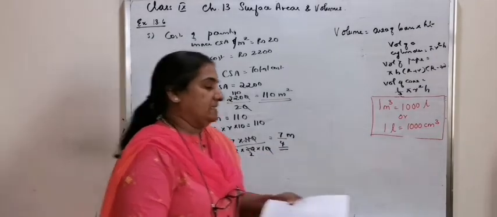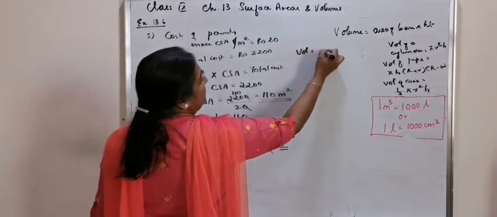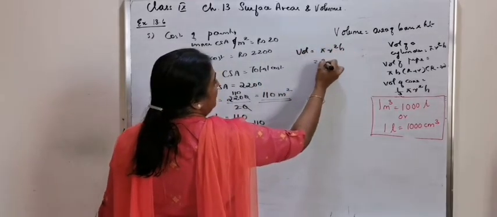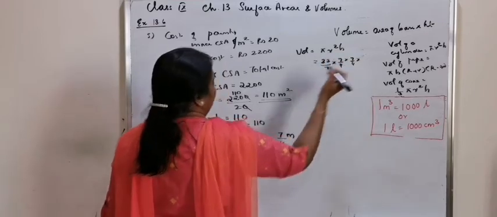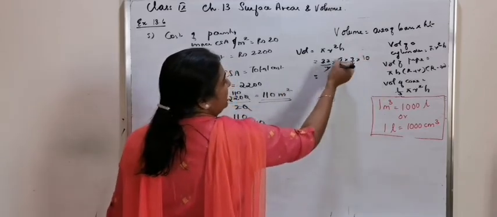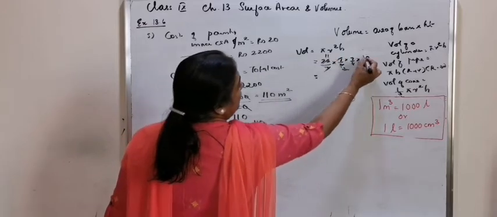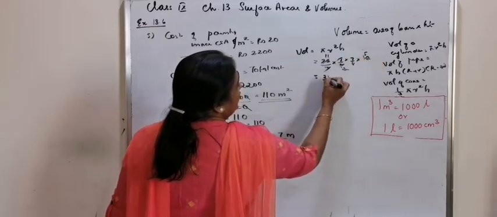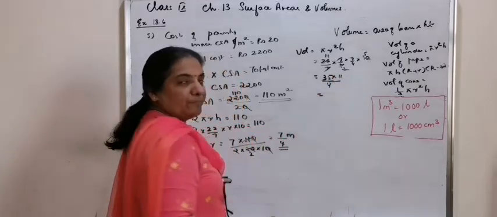And now the capacity of the vessel. Capacity or volume is equal to pi r square h, which is equal to 22 by 7, 7 by 4, 7 by 4 into height given as 10, which is equal to this 4, 2 and 11, 2 and 5. It is 35 by 2 into 11 by 4.